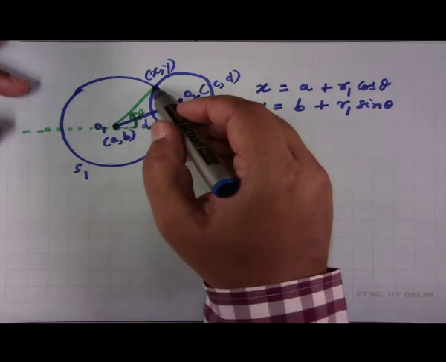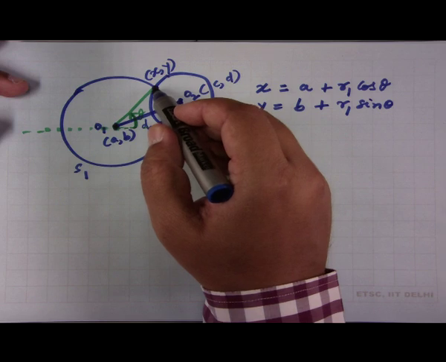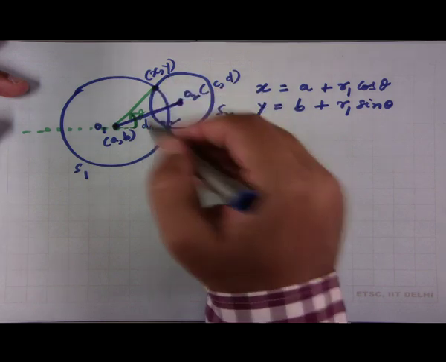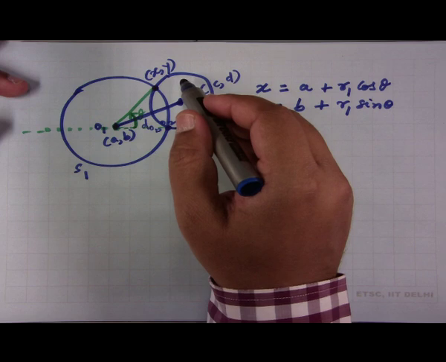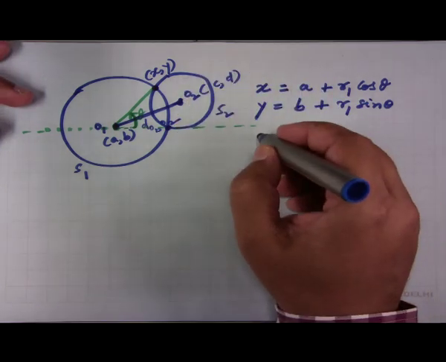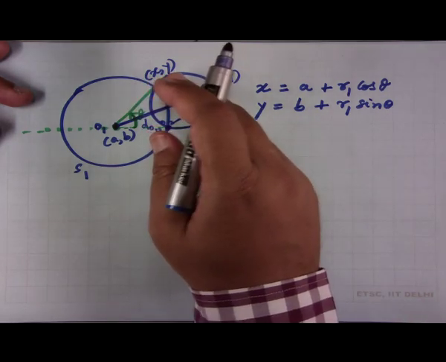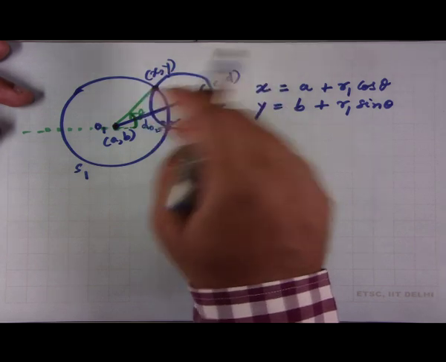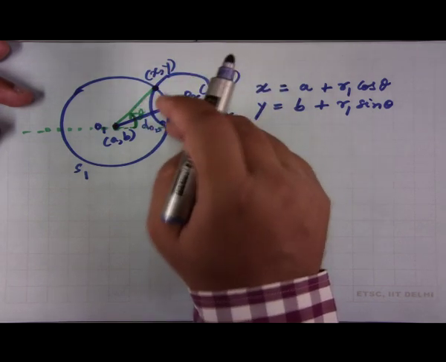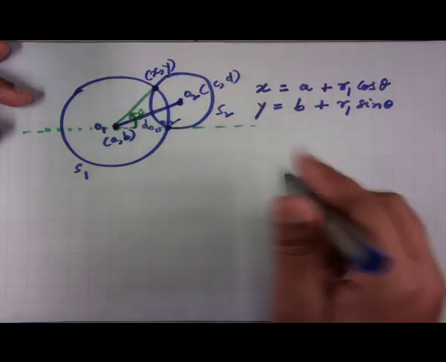Now, since this point x comma y also lies on the second circle S2, we can write x and y in the parametric form of the second circle S2 also.